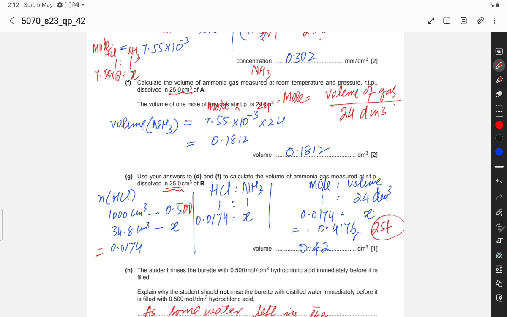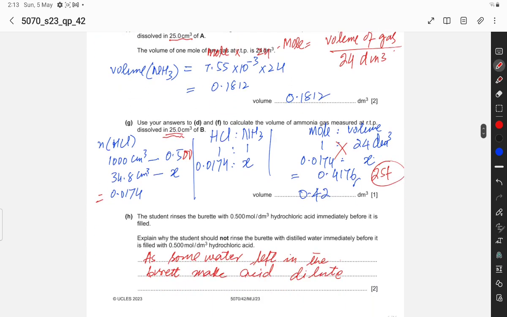So what would be the volume in 0.0174 mole? By cross multiplying, we get the volume of ammonia as 0.42 decimeter cube. Always use two significant figures. The answer should be two significant figures for volume, because over here it is 25.0.